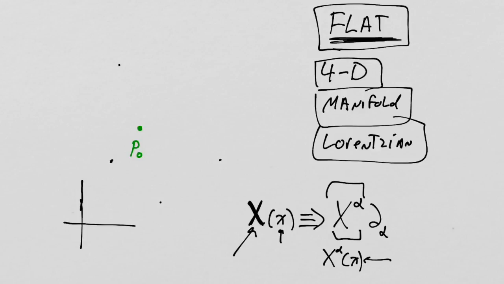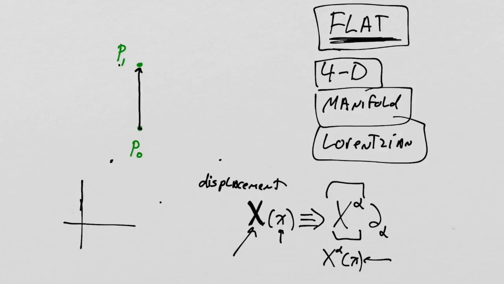Anyway, starting at a point P0, I'm going to use the notation in Misner, Thorne, and Wheeler too. We are going to consider a vector field on flat spacetime, and this vector field is going to be a displacement vector field. Which means that the value of the vector field at, say, point P0 will yield a vector, and the tip of that vector will be our next point, P1.